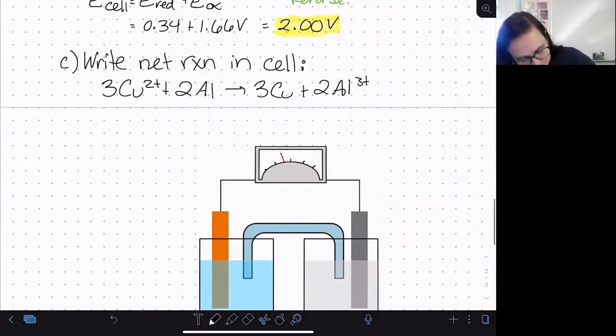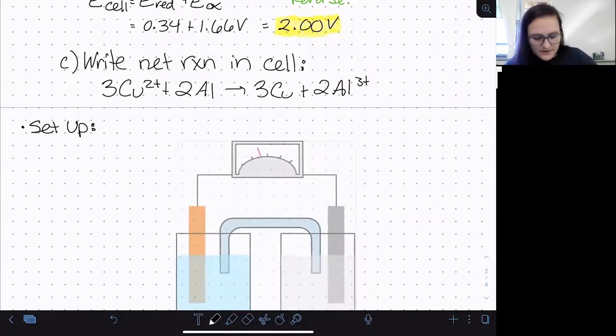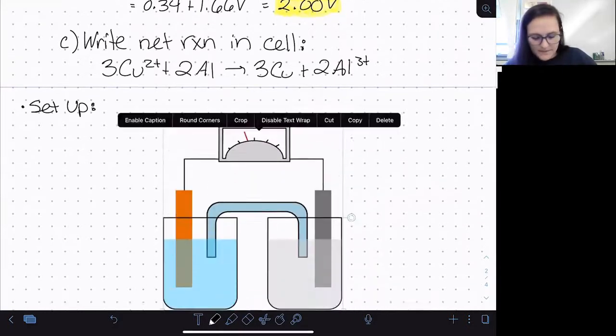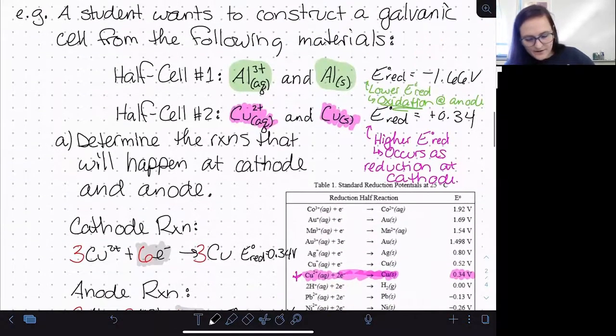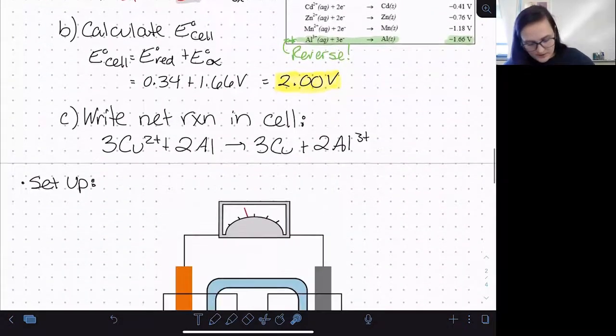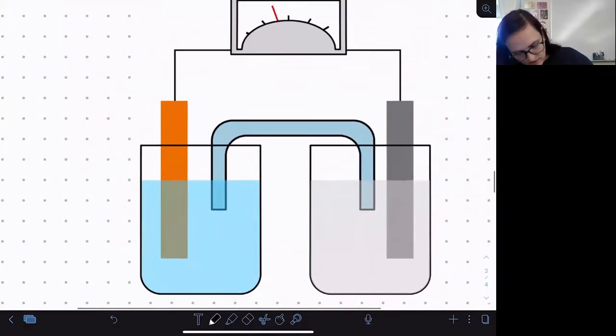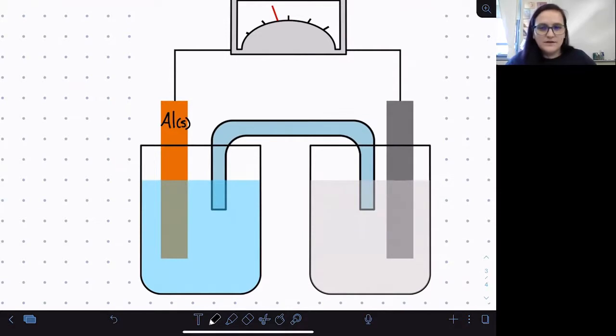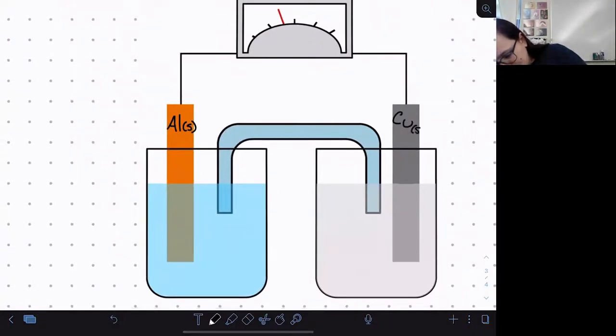So I have a kind of general diagram here of the setup, and we're going to be using the same example that we were just working with above, where we have one of our half cells containing aluminum 3+ and aluminum solid, and one of our half cells containing copper 2+ and copper solid. So let's put the aluminum on the left. Convention is typically to put the anode on the left in these types of diagrams. It is not always followed at all. That is most common.